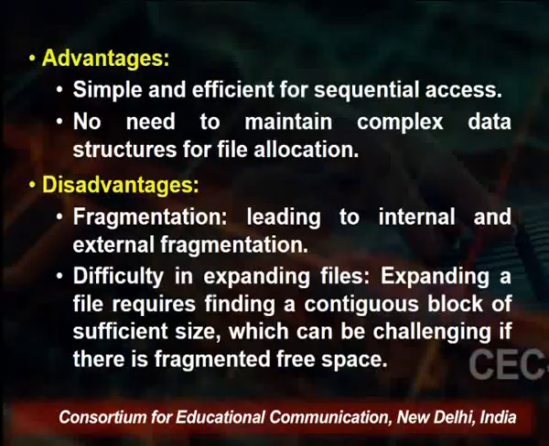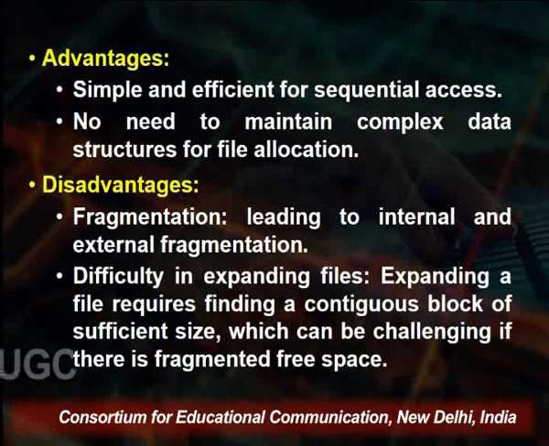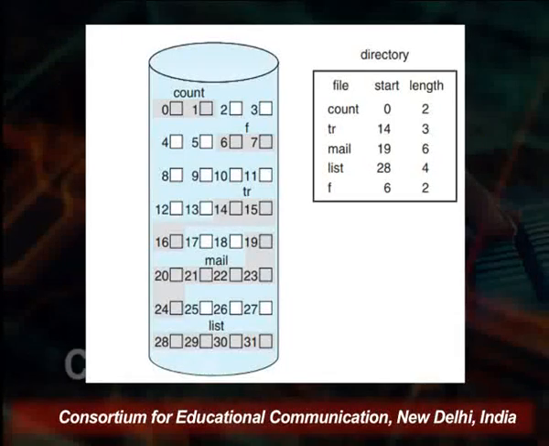What about the disadvantages? The biggest disadvantage of the continuous allocation method is fragmentation. Here you can see the way in which these files are stored. Let's say I want to store a file with a length of 5 blocks. I cannot store it starting at block number 2, because there are no 5 continuous blocks available.